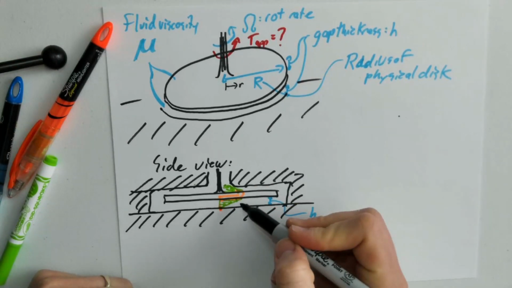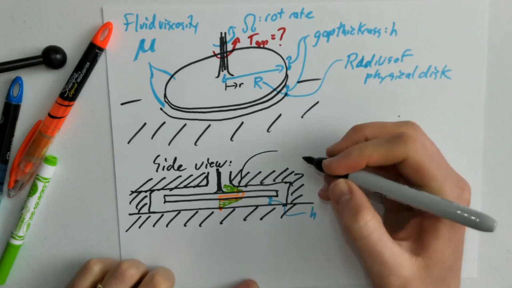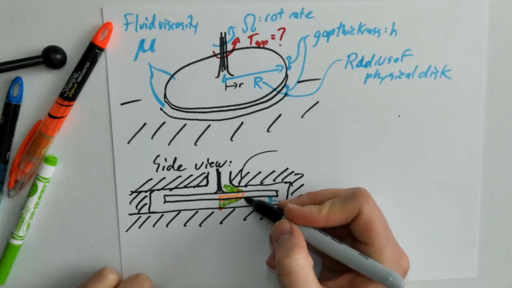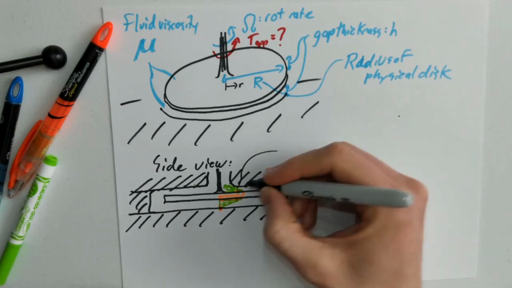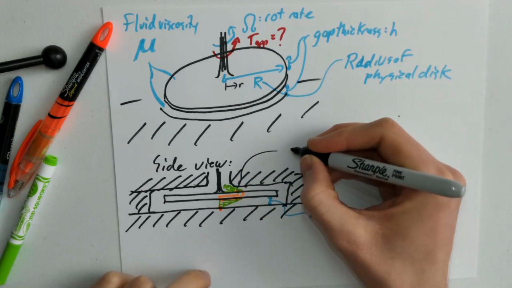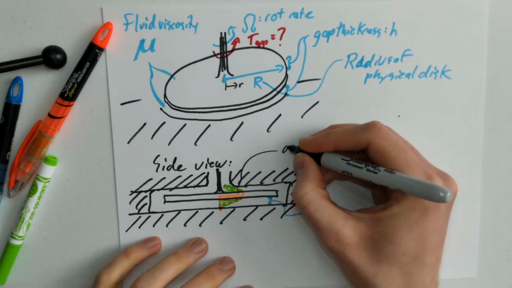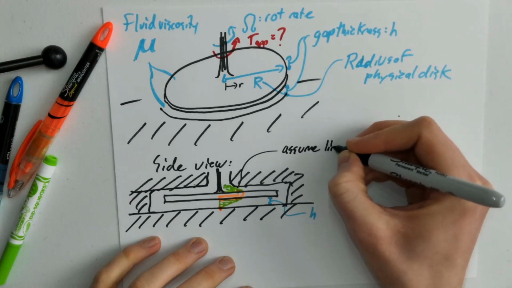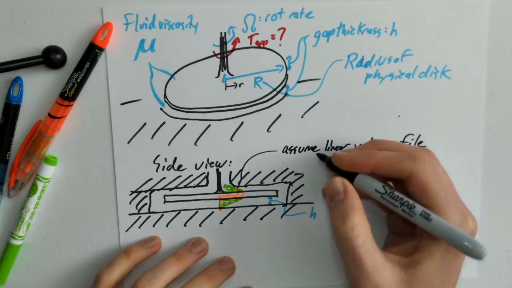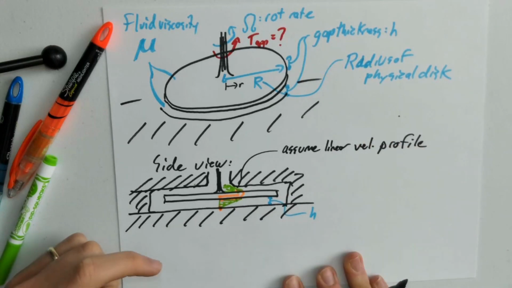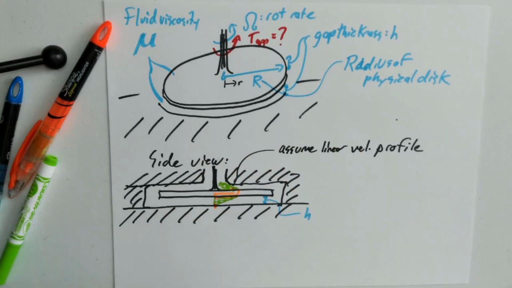In practice, these don't necessarily have to be linear velocity profiles, but as long as these gaps are pretty narrow and you're not moving the disk too fast, you do get a linear velocity profile. So we're just going to assume that we have a linear velocity profile between the moving disk and the stationary wall. The rigor we would need to prove that is a little beyond what we want to cover right now.